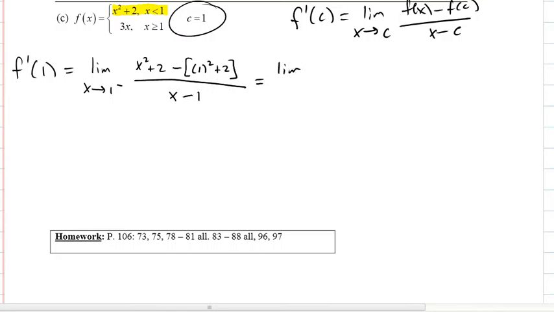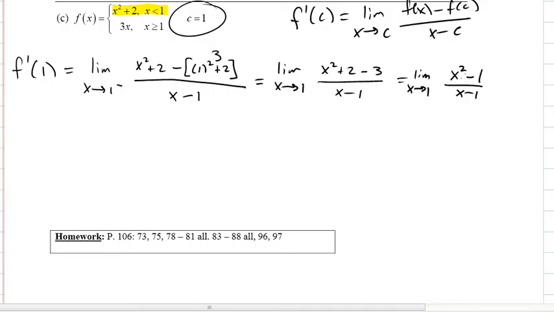So let me go and evaluate this. x squared plus 2 minus, well, this is 1 squared plus 2. This becomes 3. So it's x squared plus 2 minus 3 all over x minus 1. Simplifying this some more would yield x squared minus 1 over x minus 1.